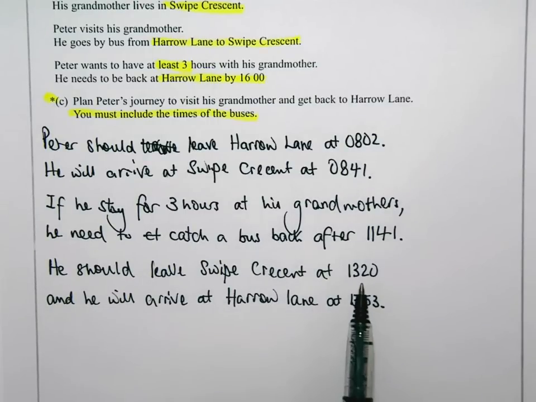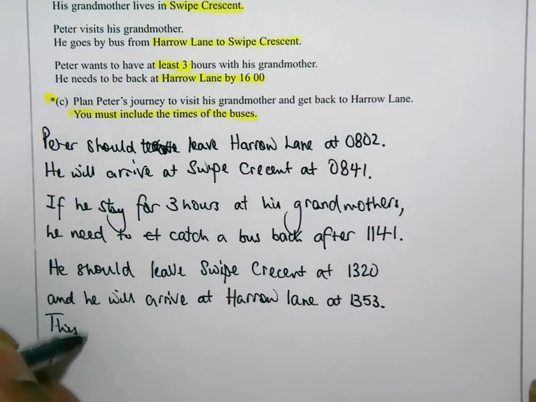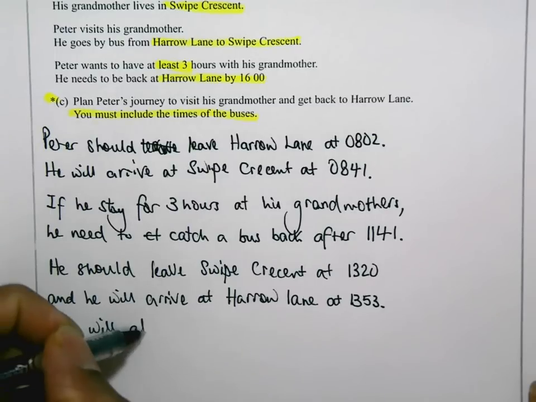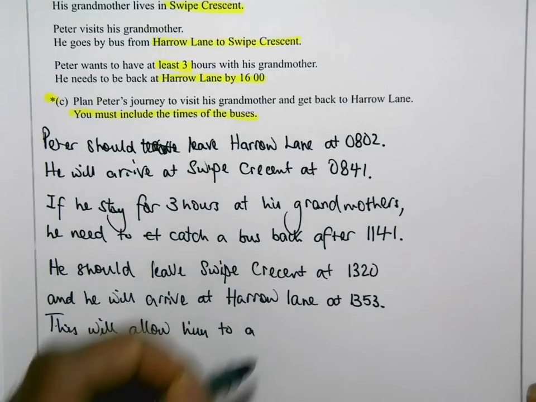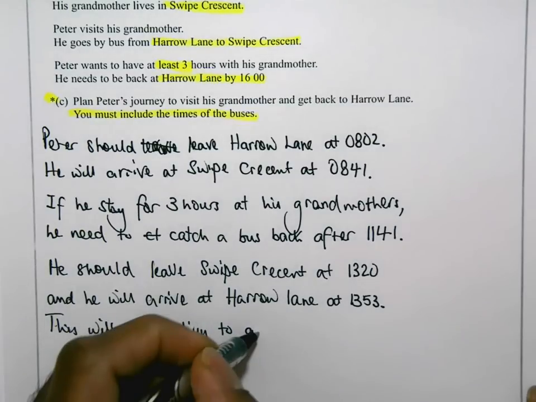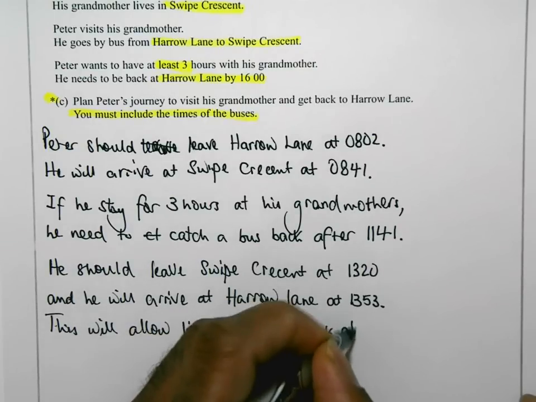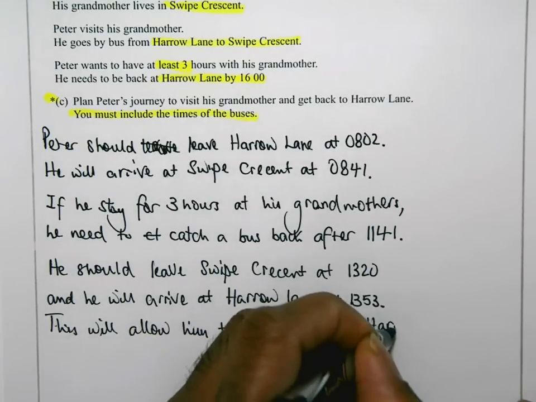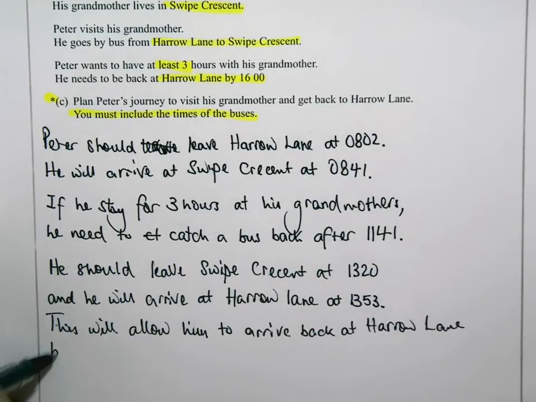This will allow him to arrive back at Harrow Lane by 1600. Okay, so that was the bit that I almost forgot. So there's a lot of stuff in this question. Make sure you understand it and make sure you could do it yourself.